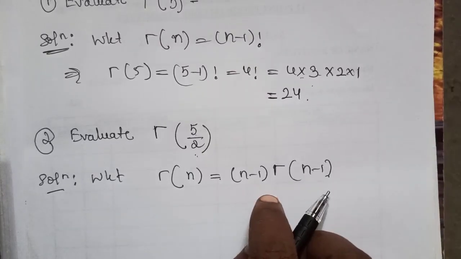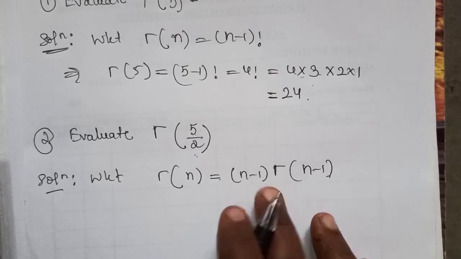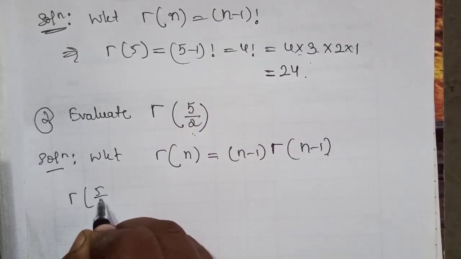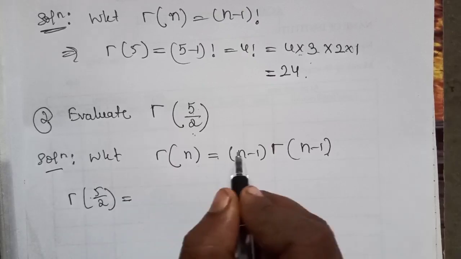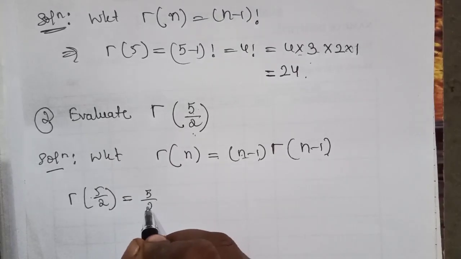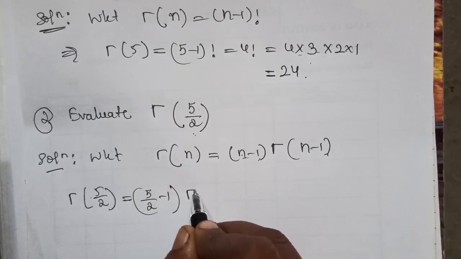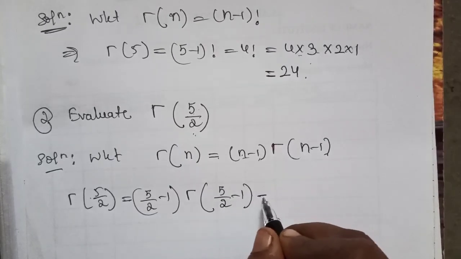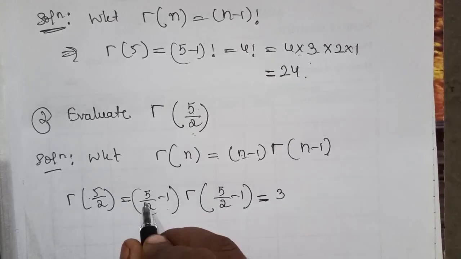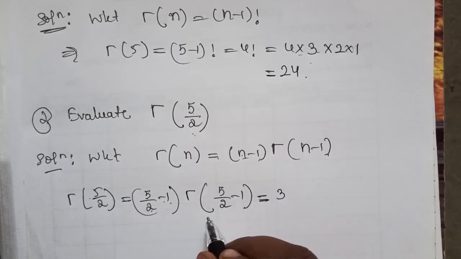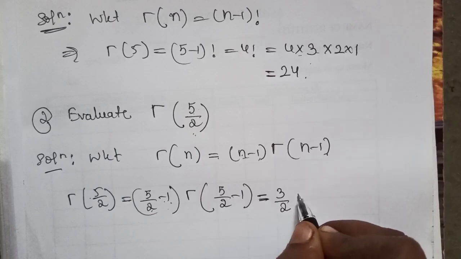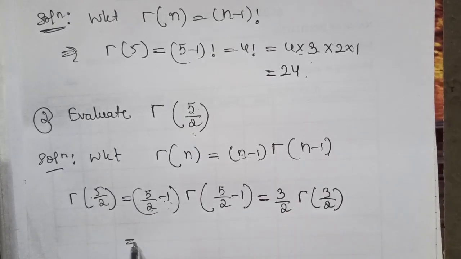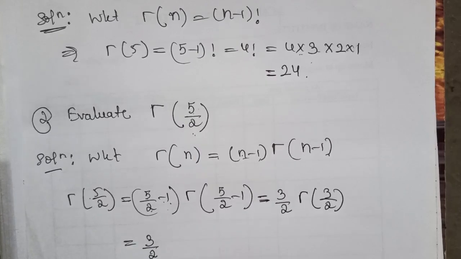So gamma of 5 by 2 can be written as (5 by 2 minus 1) into gamma of (5 by 2 minus 1), which is 3 by 2 into gamma of 3 by 2.